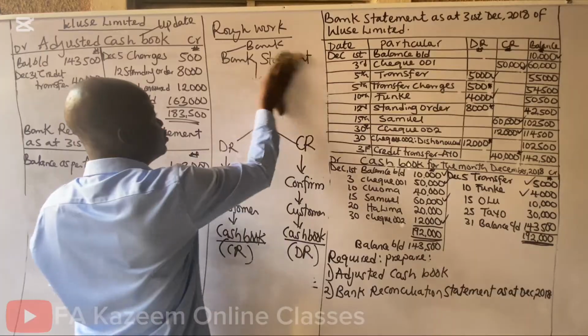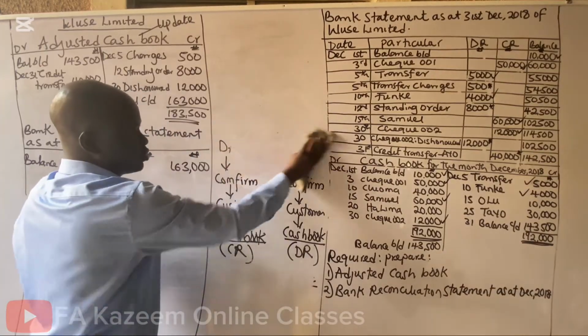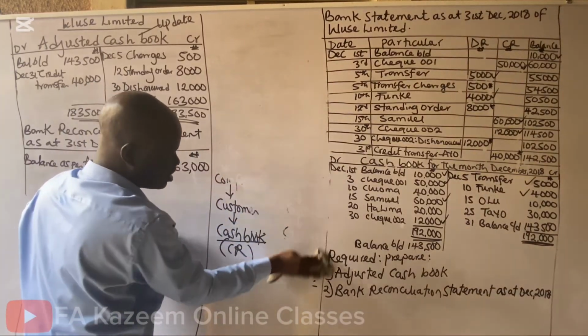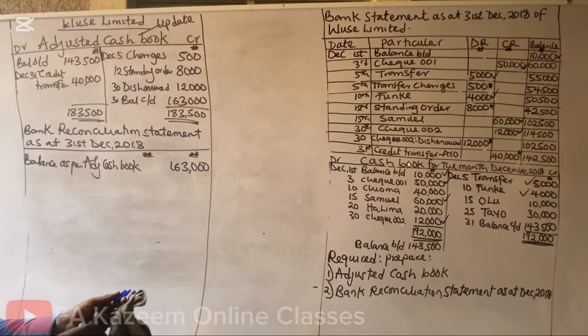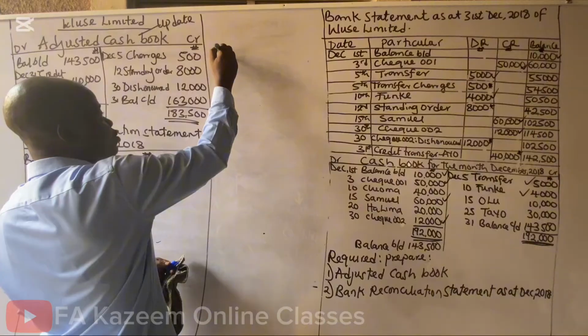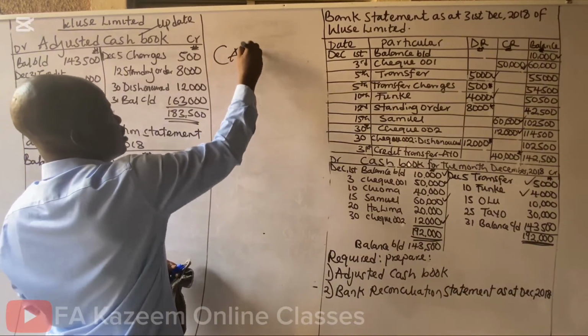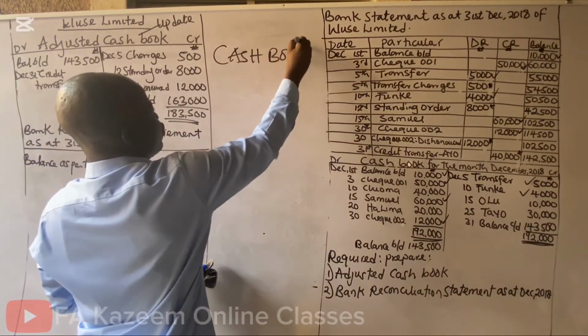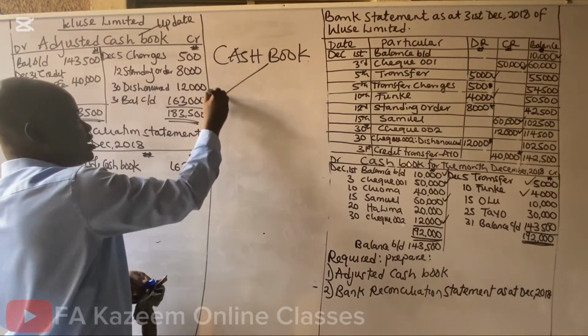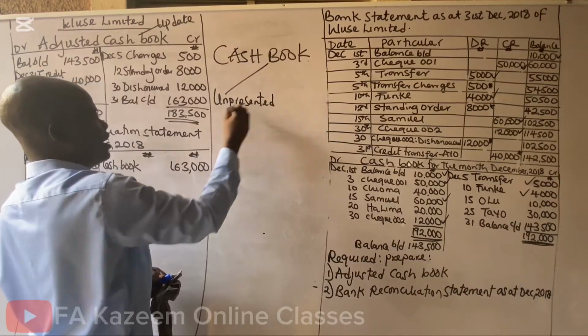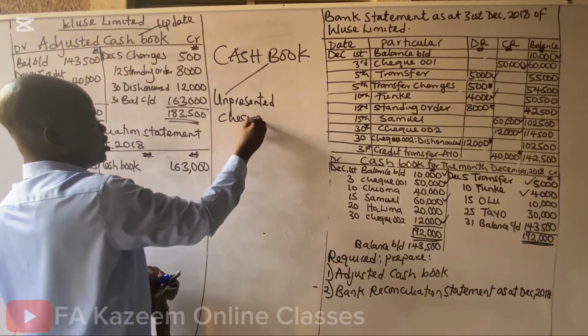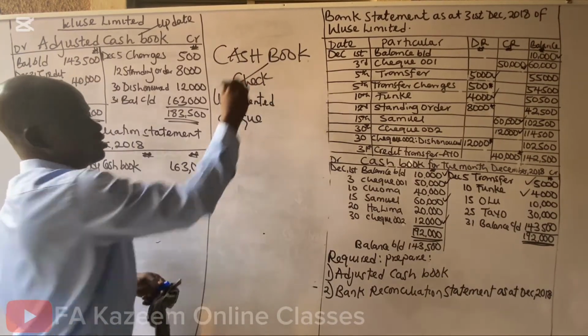Now, when we were preparing the adjusted cash book, I was checking the bank statement. I have to clean it now. This is for adjusted cash book. For the bank reconciliation statement, you are going to check your cash book. Firstly, you will check for unpresented checks.